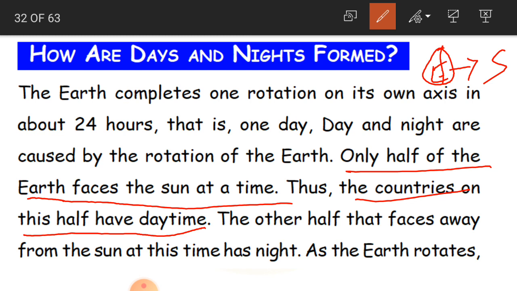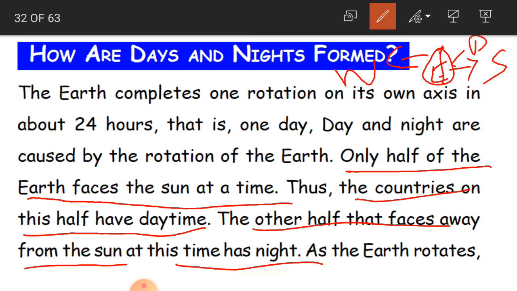And the other half, which faces away from the sun at this time, has night. So this side countries will be having night and this side countries will be having the day, because this half is exposed to the sun.